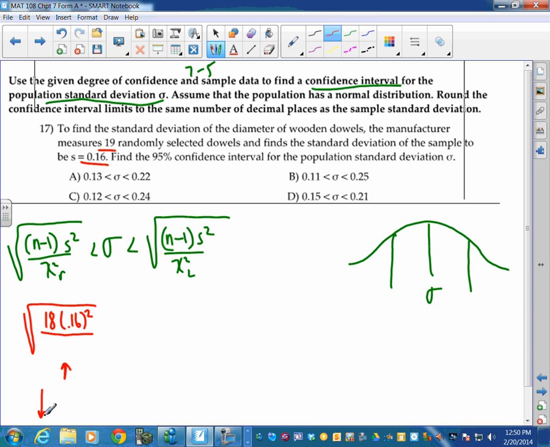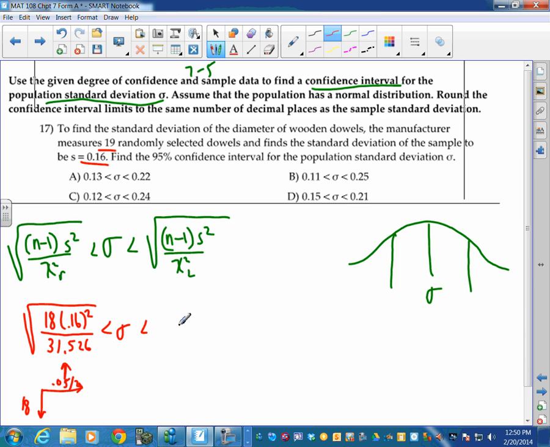Yep, you go down 18 degrees of freedom, and to the right, 0.05 divided by 2. So 0.025. So I go down that column where it says 18. 31.526.